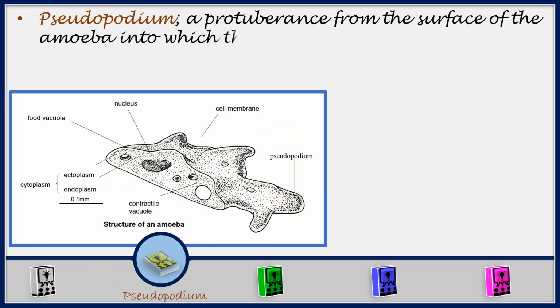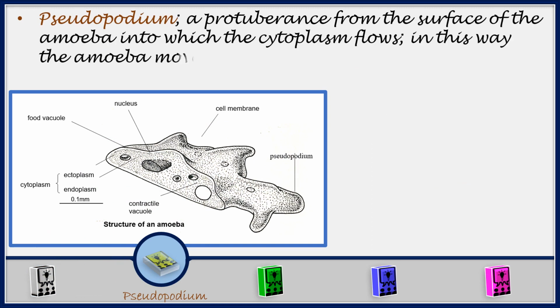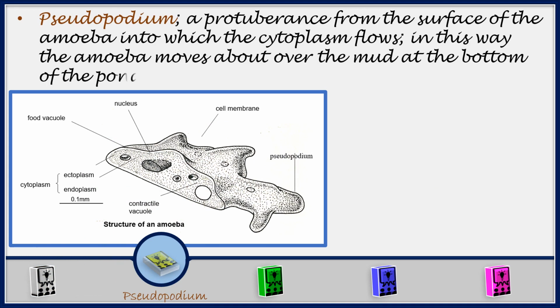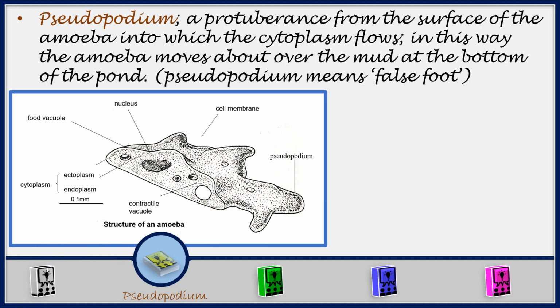We have another structure, and that structure is called the pseudopodia. The pseudopodia is a section of the amoeba which protrudes from the surface of the amoeba, into which the cytoplasm flows.